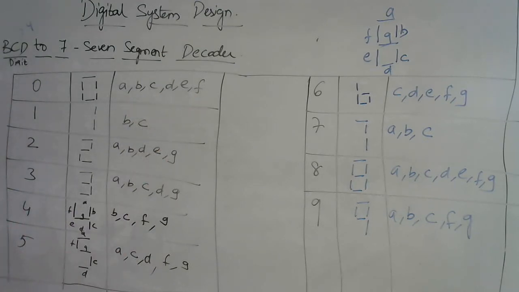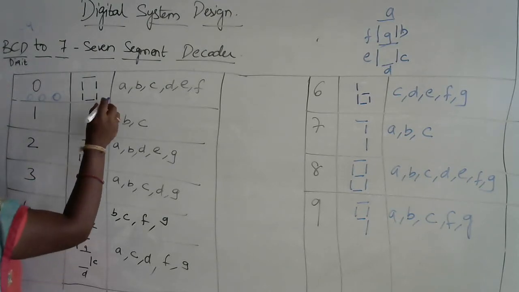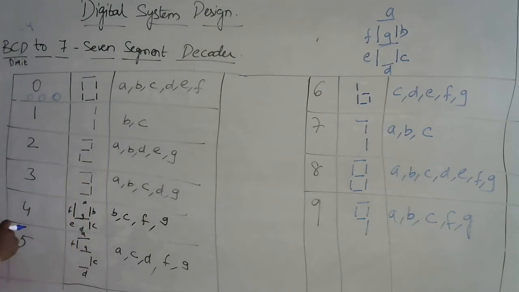So here, I can represent it the other way: 0 is nothing but 0, 0, 0, 0. So in this 0, 0, 0, 0, I have here A, B, C, D, E, F and G.